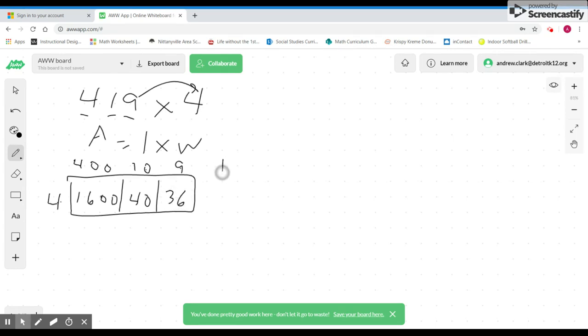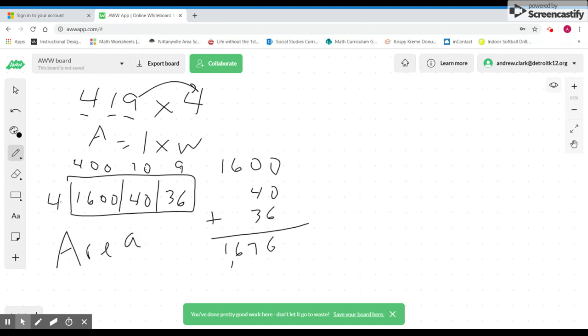And of course, if I add those all up, I'm going to get the same answer as before. 6, 7, 6, 1. And of course, that's 1,676. So this one is called the area model.